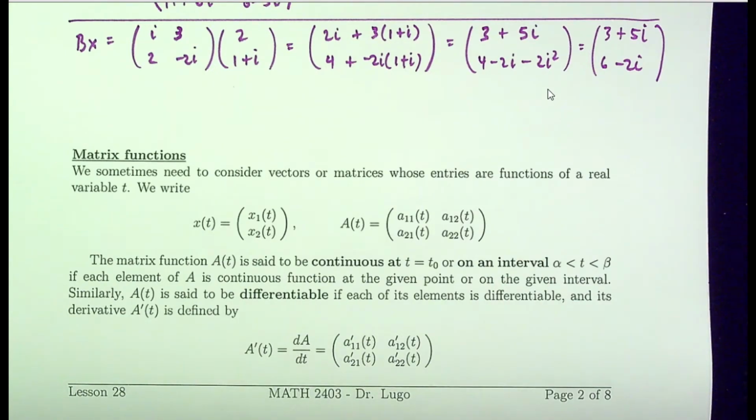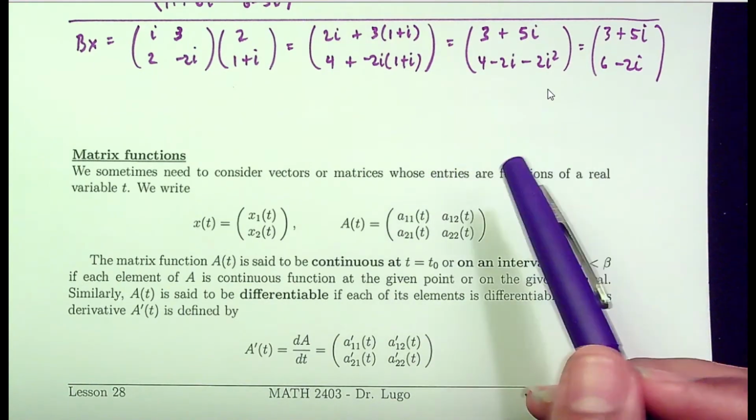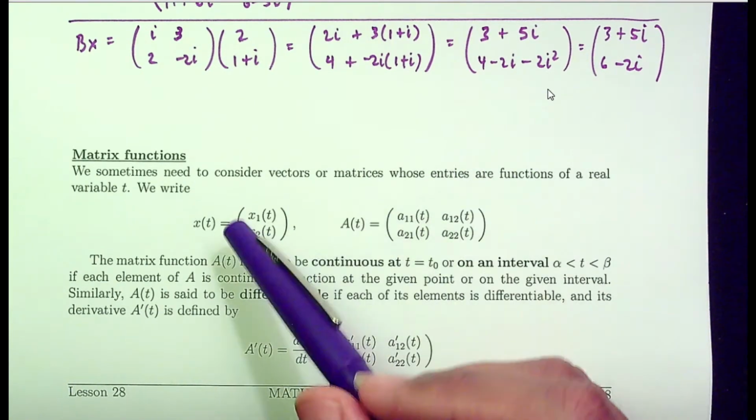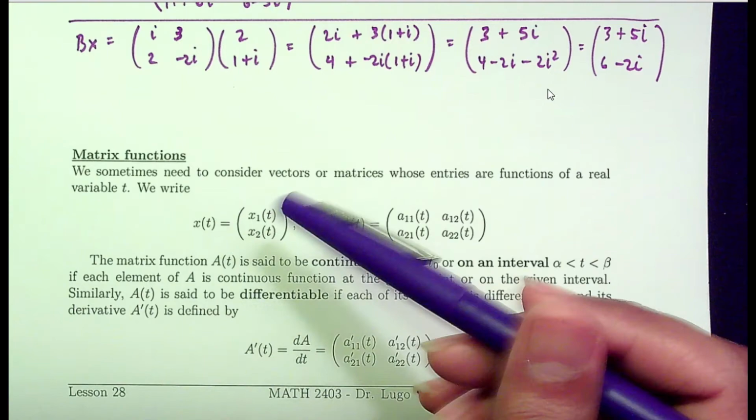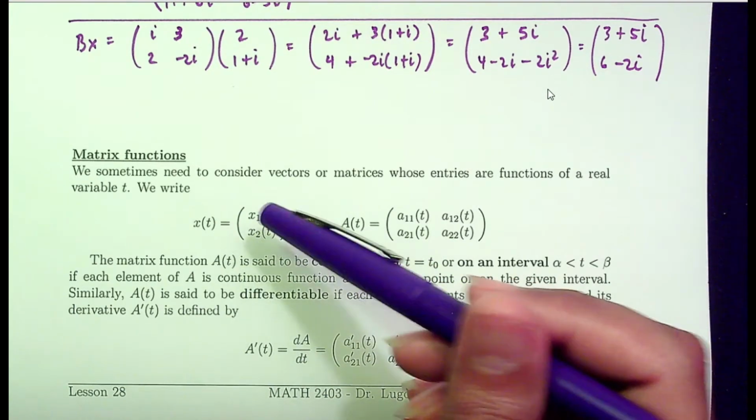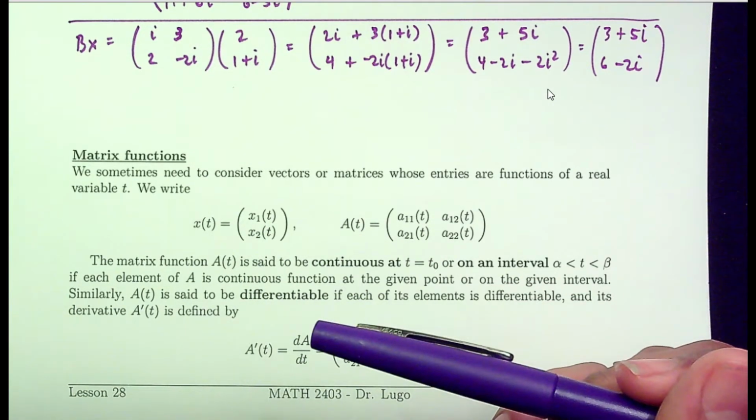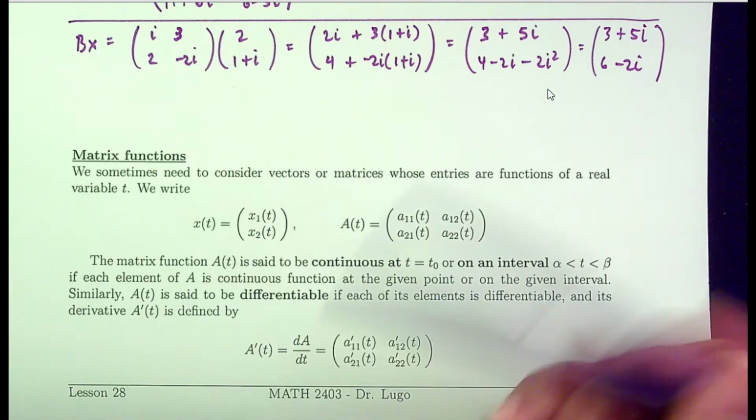All right, now, since it is a function, you can discuss all the common function concepts such as limits, continuity, derivatives, and all that. For taking limits, you learn this in Calc 3 as well. To take the limit of a vector function, you just take the limit of the individual coordinates or the individual entries. Same for a matrix.